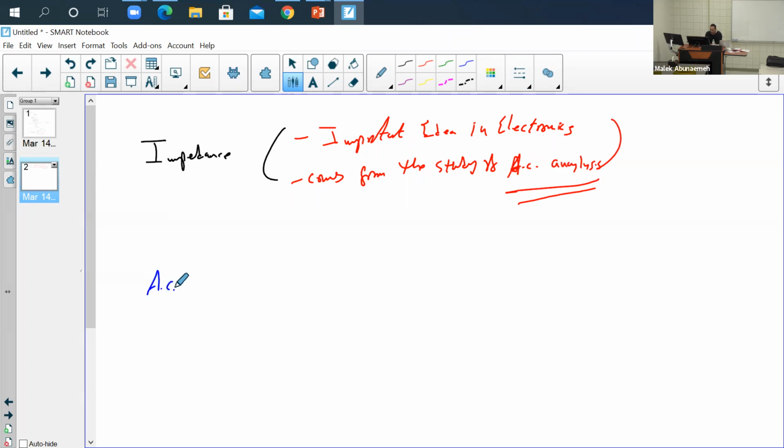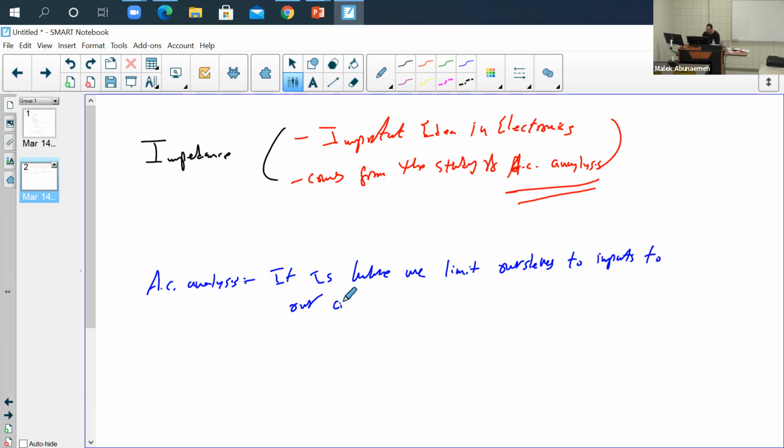AC analysis is where we limit ourselves to inputs to our circuit that look like sines or cosines.